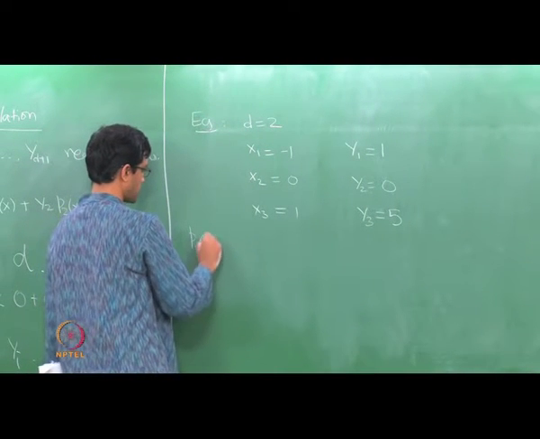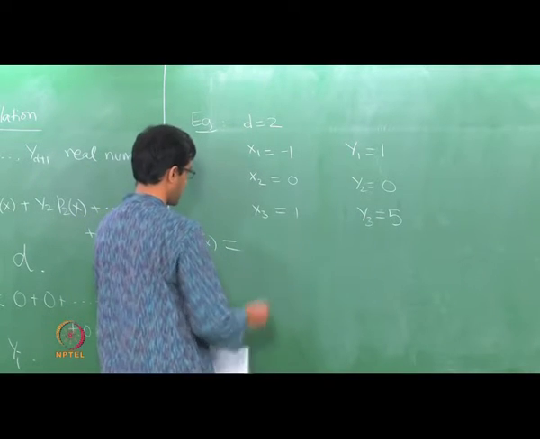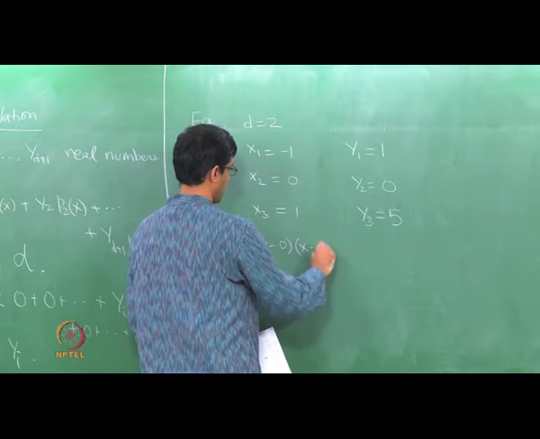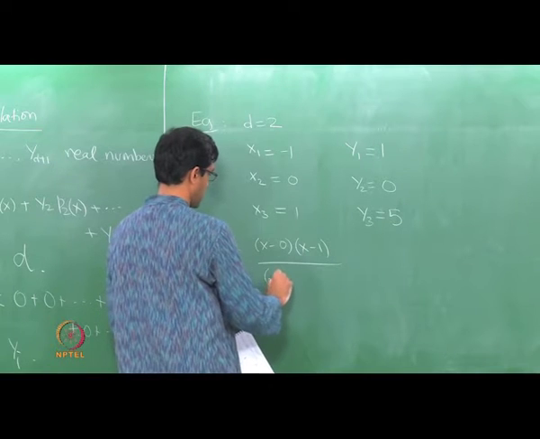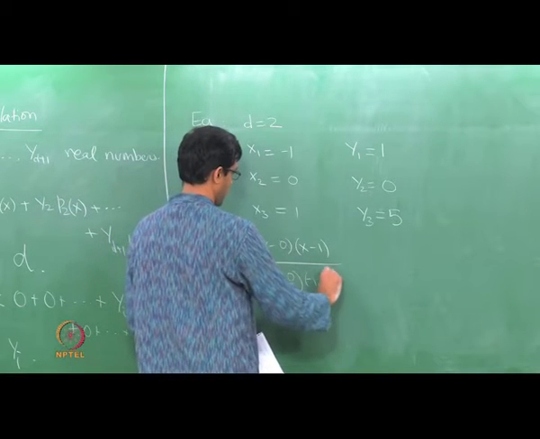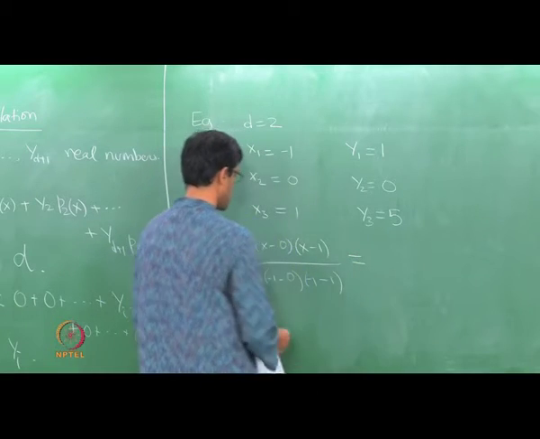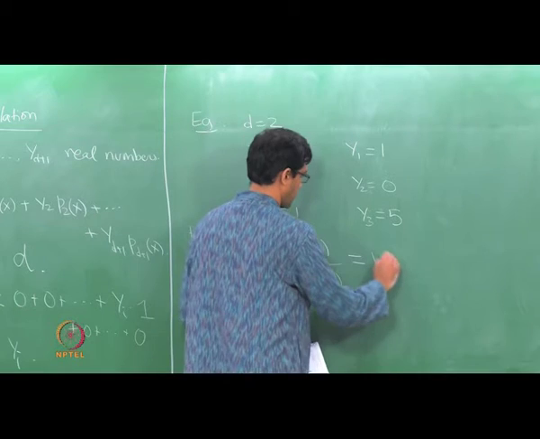So p1 of x according to this prescription is x minus 0 into x minus 1, divided by -1 minus 0 into -1 minus 1. So that's my formula for p1. If you work this out, it's half x into x minus 1.